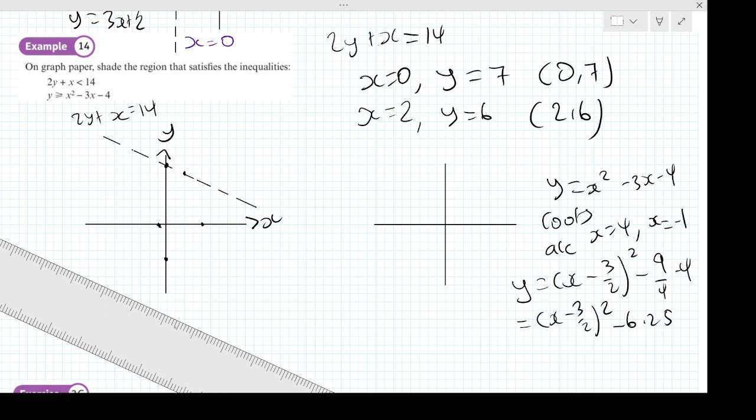So that means the turning point is going to be at, well, set the bracket equal to 0, so x is 3/2, which is 1.5, and then the y value is -6.25. So roughly, if that's -4, the y-intercept there, then -6.25 is going to be about there. So the turning point is 1.5, -6.25.